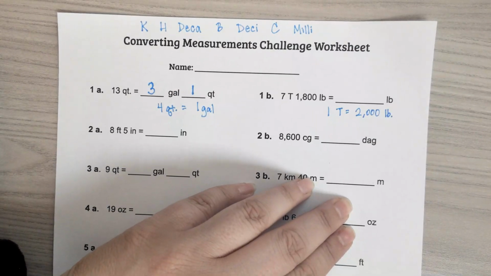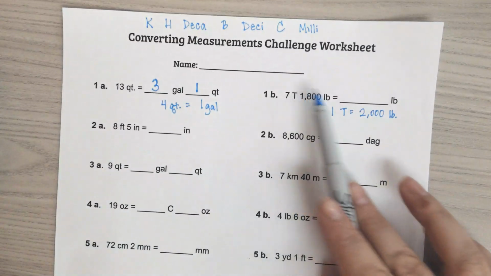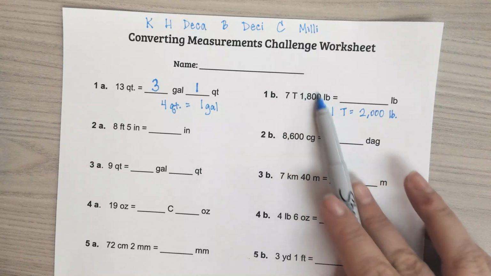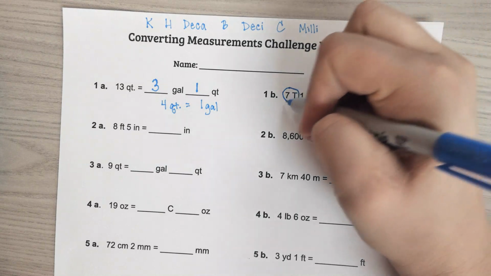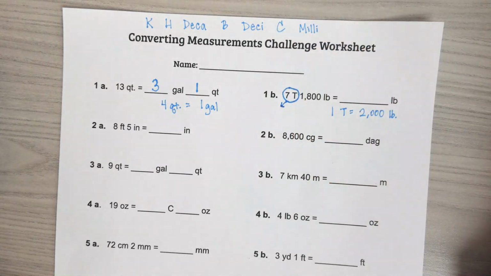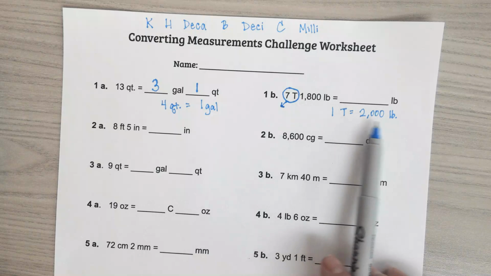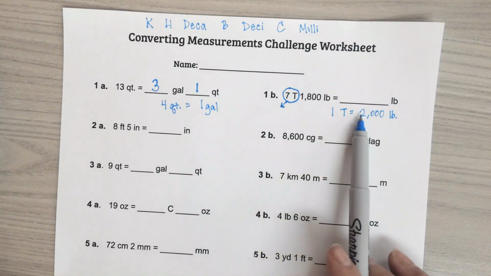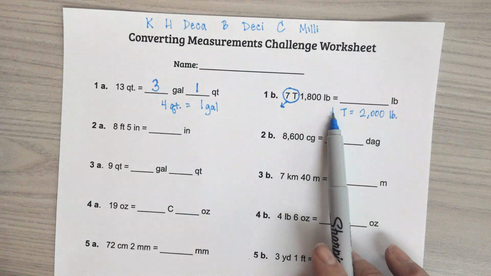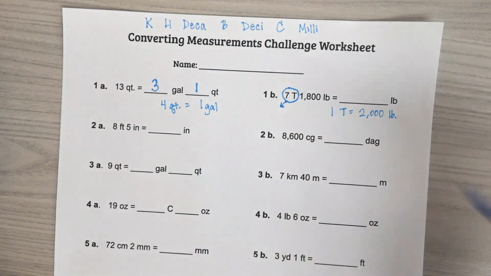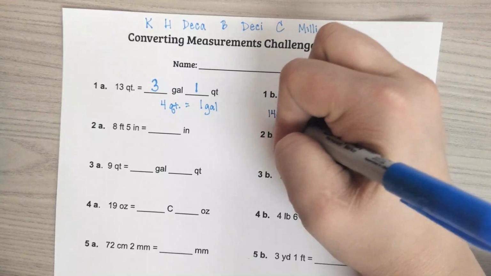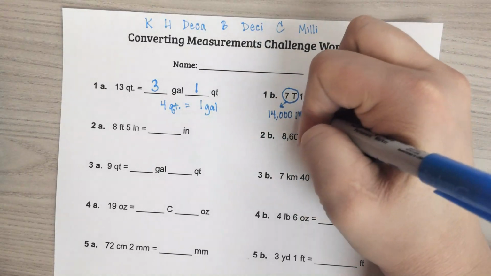When I have questions that have 2 measurements combined, I like to break them up. I'm going to put my 7 tons over here, and I'm going to first figure out how many pounds go into the 7 tons. If we know 2,000 pounds goes into 1 ton, how many go into 7? I'm going to take my 7 times my 2,000, and that's going to give me 14,000 pounds.